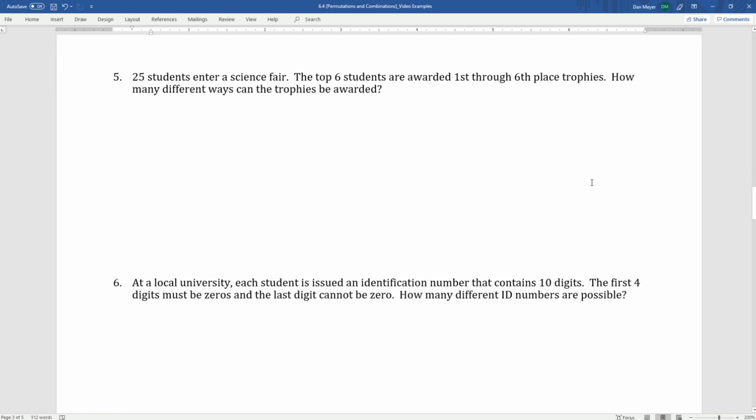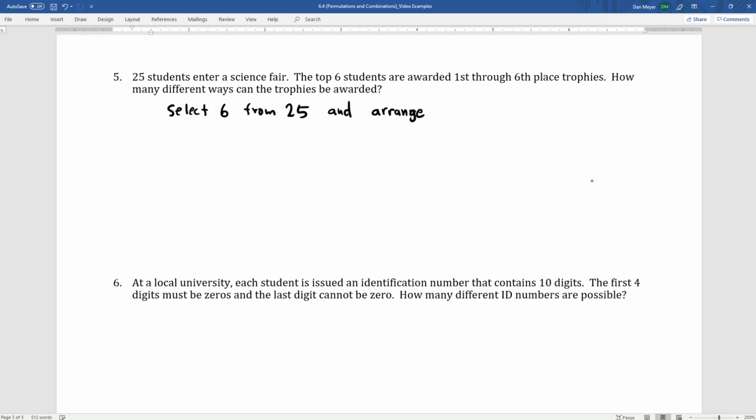Number 5. 25 students enter a science fair. The top 6 students are awarded 1st through 6th place trophies. How many different ways can the trophies be awarded? This ends up being a classic permutation where we select 6 from 25 and then arrange.